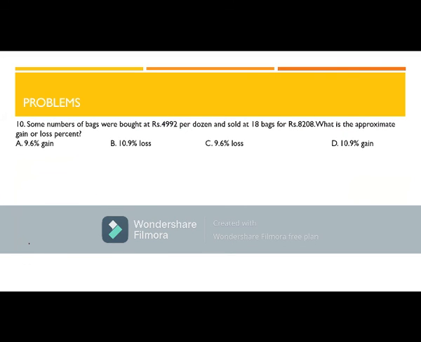So we come to question number 10 now. We'll first of all find the cost price of one bag. So it is like 4992 divided by 12, because it is per dozen, and each dozen has 12 bags.